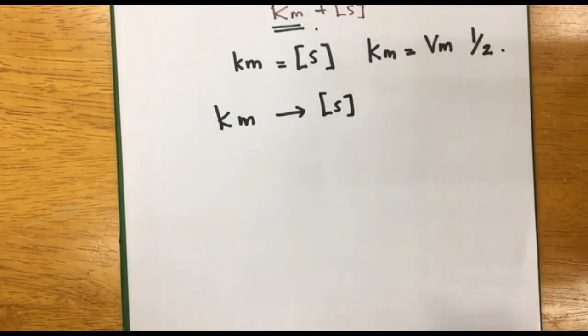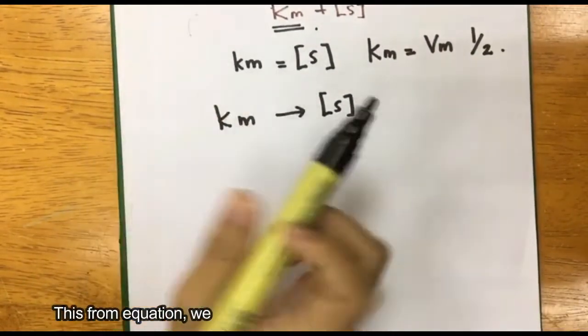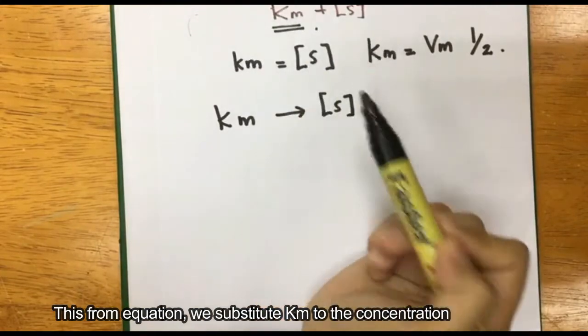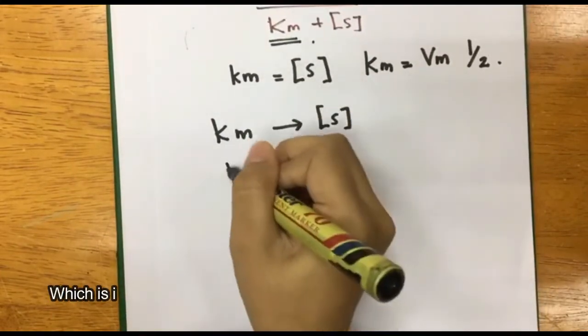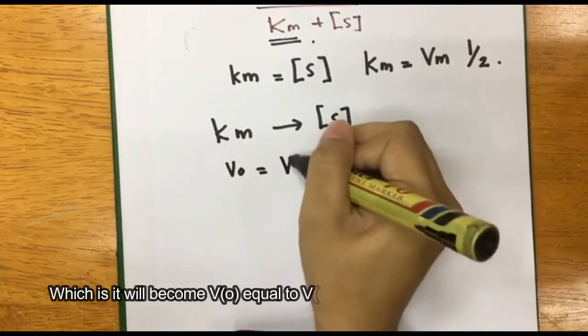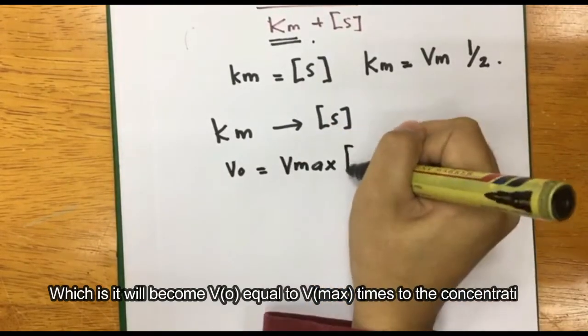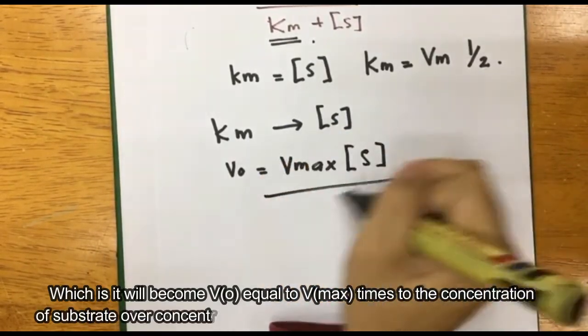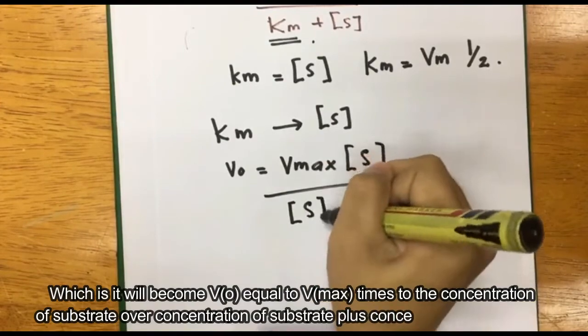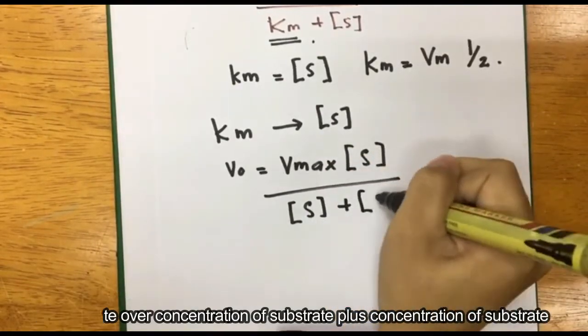From the equation, we substitute Km with the concentration of substrate, so it becomes V naught equals Vmax times the concentration of substrate over the concentration of substrate plus the concentration of substrate.